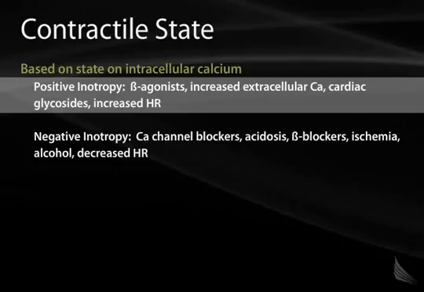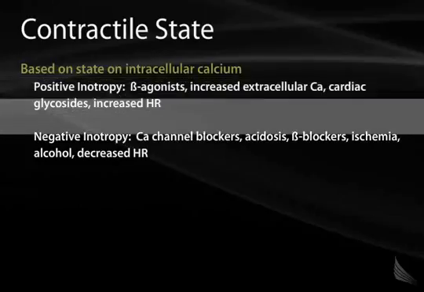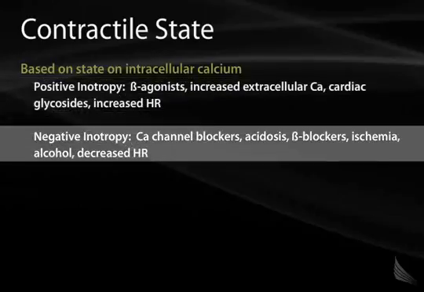All of these increase the amount of calcium inside cardiac myocytes. Negative inotropy is caused by calcium channel blockers, acidosis, beta blockers, ischemia, chronic alcohol use, and a decreased heart rate.